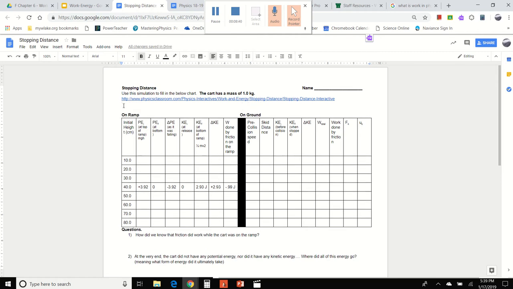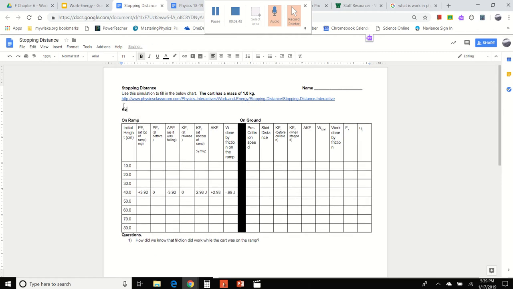If I just write this out, the conservation of mechanical energy equation says KE initial plus PE initial is equal to KE final plus PE final when there's a closed system. But if there's not a closed system, then the work done by friction has to get factored in. Like that.